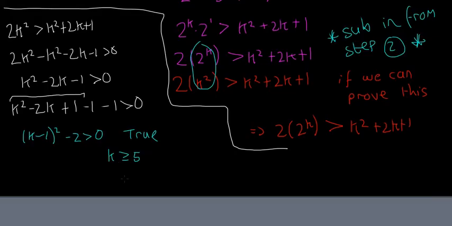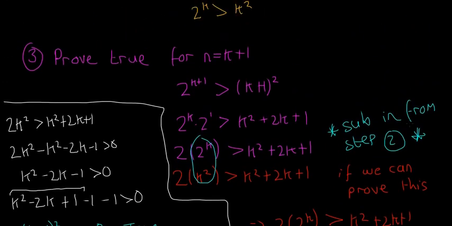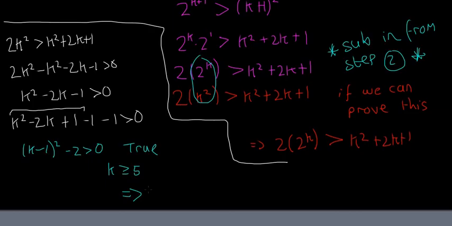So we can take this as true, and that means therefore we go back up and we can say that this is true. 2 to the power of k plus 1 is greater than k plus 1 squared. Therefore 2 to the power of k plus 1 is greater than k plus 1 squared. I'm going to write that that's true as well.